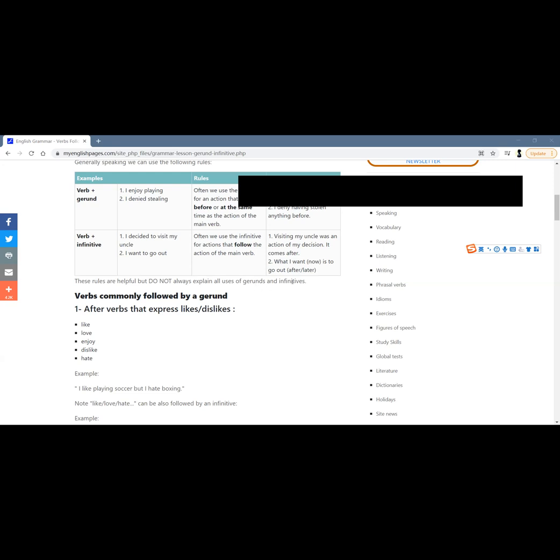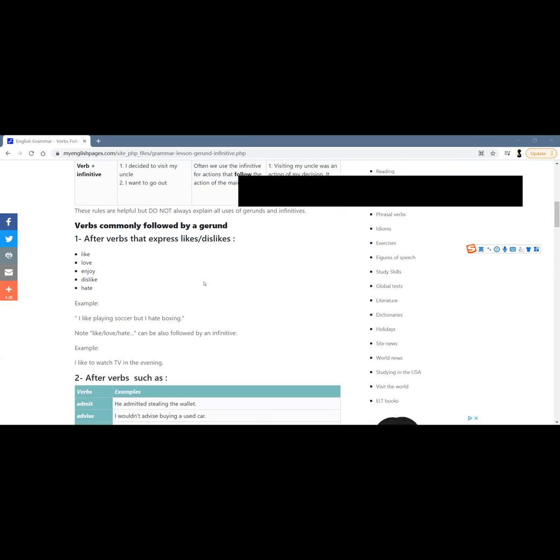So that is a major difference, because if you use the gerund, it means you actually stop. But if you use the infinitive here, it means you didn't stop, you just switch your work.